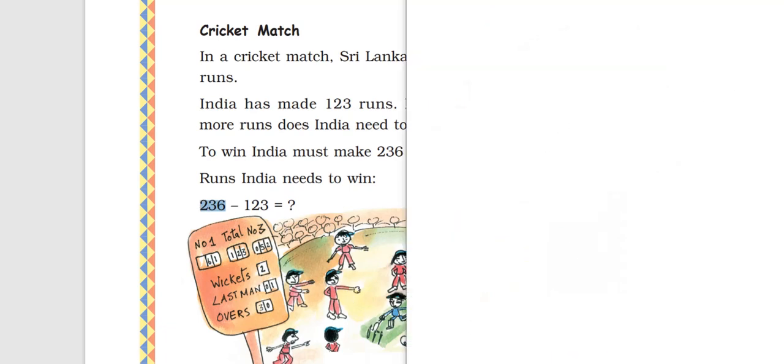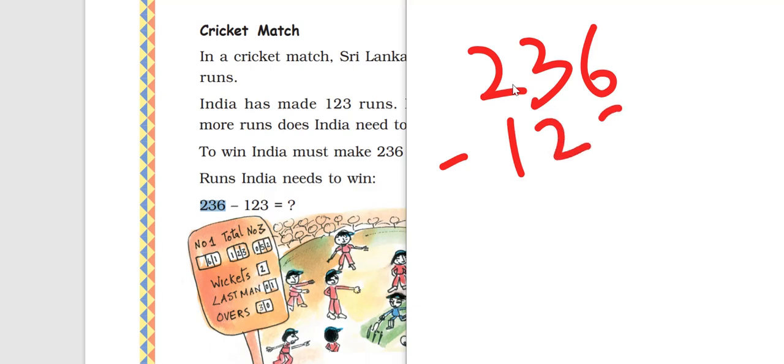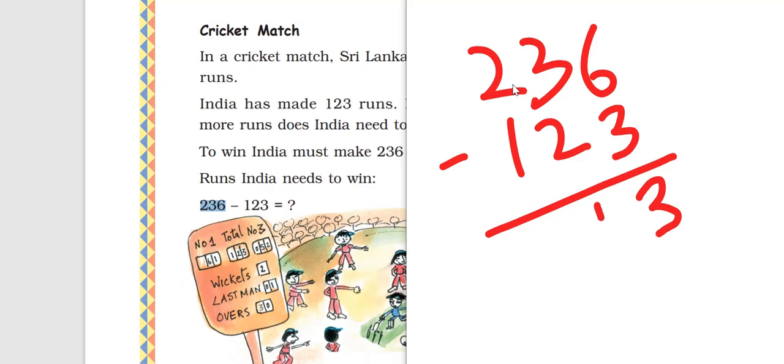So let's see how much that value will be. Let's write 236 first, and from that we will be subtracting 123. In the ones place we have 6 and 3, so 6 minus 3. Start with 6 fingers, close 3 fingers, and we have 3 fingers left. 3 minus 2: start with 3, count 2 down, and we have 1 left.